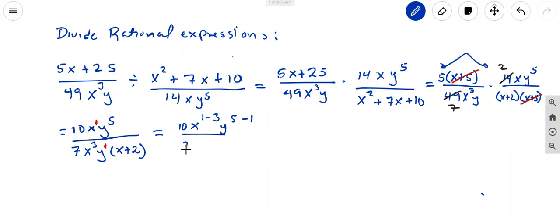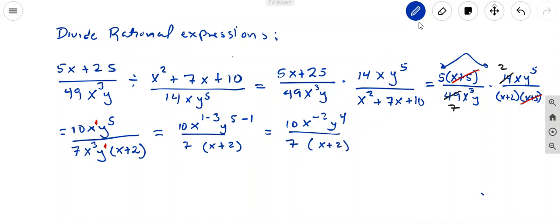Below I have the 7, and I have x plus 2. Then I have 10, x to the power of 1 minus 3, which is negative 2, so x to the power of negative 2, and y to the 5 minus 1 is y to the power of 4, over 7 times x plus 2.